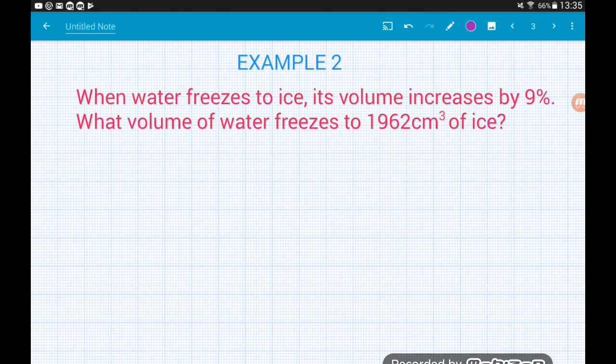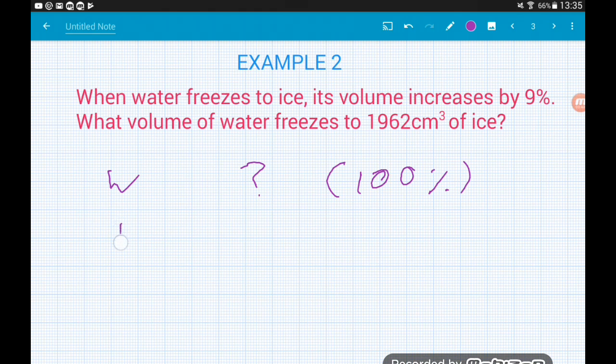When water freezes to ice, its volume increases by 9%. What volume of water freezes to give 1962 centimeters cubed of ice? Okay, so we start off with our original amount of water, but we don't know what that is. That's the whole point of the question. What we do know though is that that's 100% of the original amount of water that we started with.